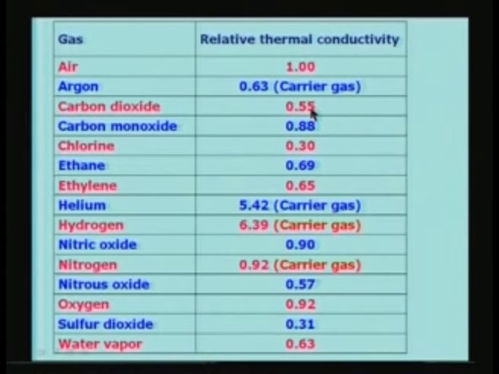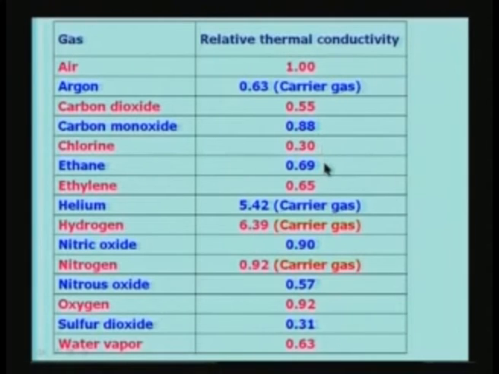Carbon monoxide has a higher thermal conductivity, 0.88, so it is closer to air than carbon dioxide. Therefore, because these two have different thermal conductivities, I can distinguish carbon dioxide and carbon monoxide if I have a detector which will detect the difference between the thermal conductivities. That is the basic idea.